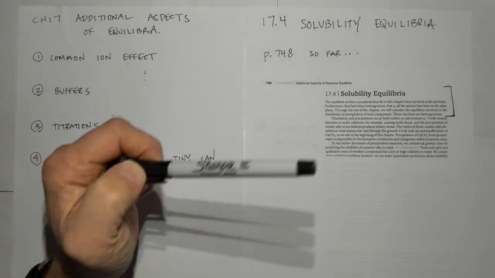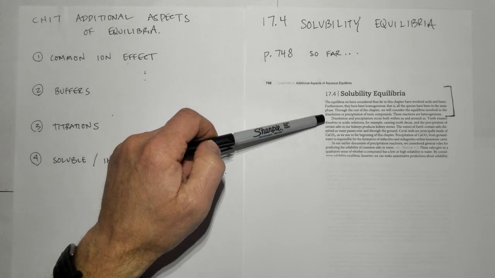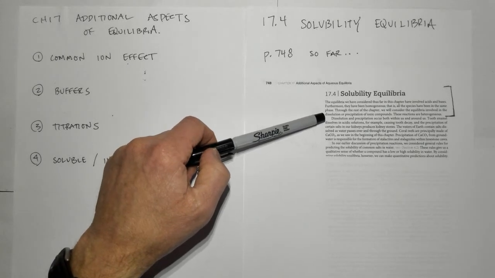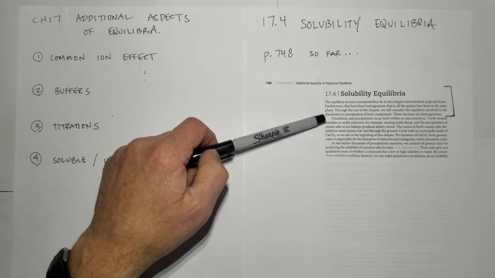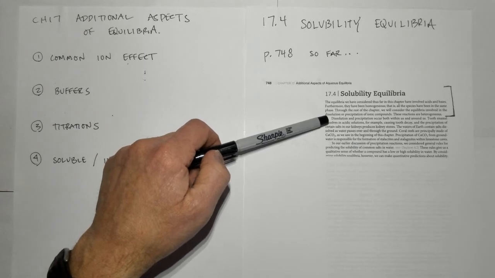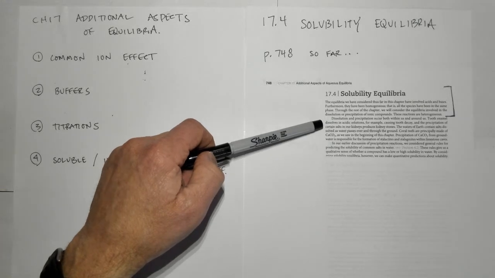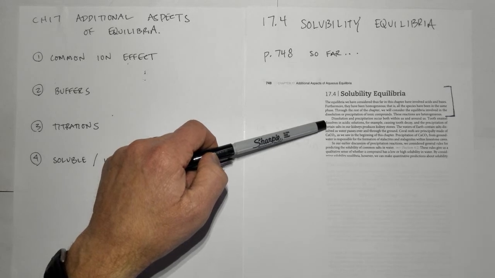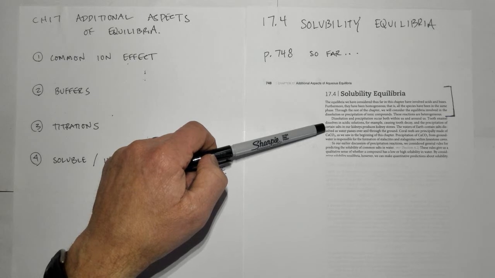These reactions are called heterogeneous reactions because they involve a solid and things that only dissolve just a little bit. This dissolution, in other words dissolving, and precipitation occur both within us and all around us. Tooth enamel dissolves in acidic solutions, for example, causing tooth decay, and the precipitation of certain salts in our kidneys produces kidney stones.